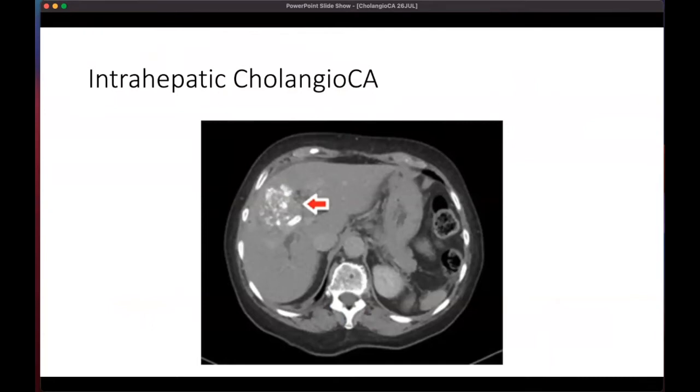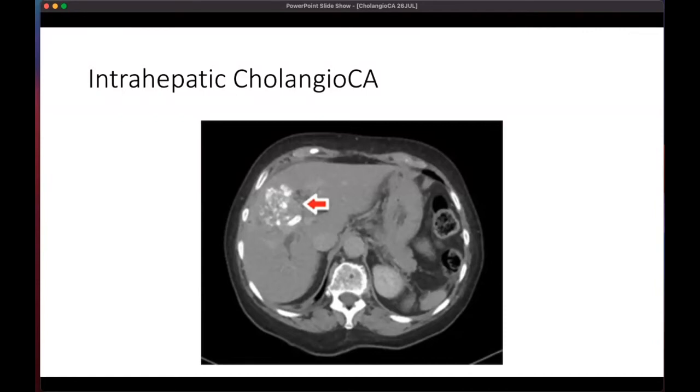So it'll typically be an enhancing mass. It's not a clear arterial enhancing and venous washout like hepatocellular. It'll be a little bit more of mixed enhancements, a little bit of arterial, but more venous phase enhancement like most adenocarcinomas. But it just looks like a mass in the liver, and it's not that easy to tell what it is exactly just by looking at it.